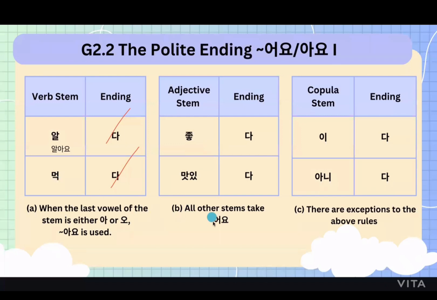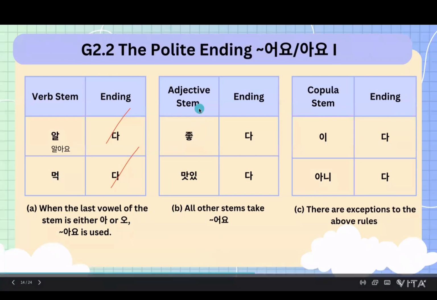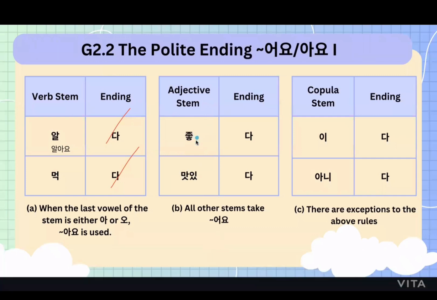자, look at another one. Adjective stems, 좋다, 맛있다. All other stems take 어요. Except 아 or 오, the other stems should take 어요. So 먹 should be 먹어요. Then what about 좋다? This is an adjective stem, 좋다, it means to be good.